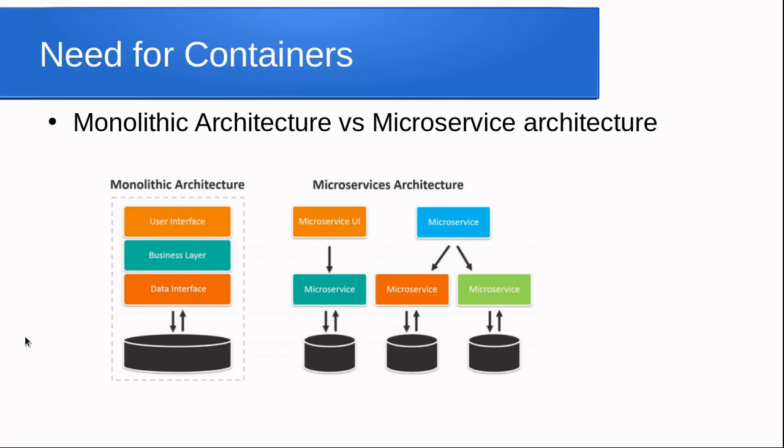That would mean you have to pay a lot of money as well, with the cost associated with the virtual machines. But in microservice architecture, if your UI microservice needs some memory or processing power, you can scale this specific microservice only and leave all the other microservices intact, and you don't have to touch them.